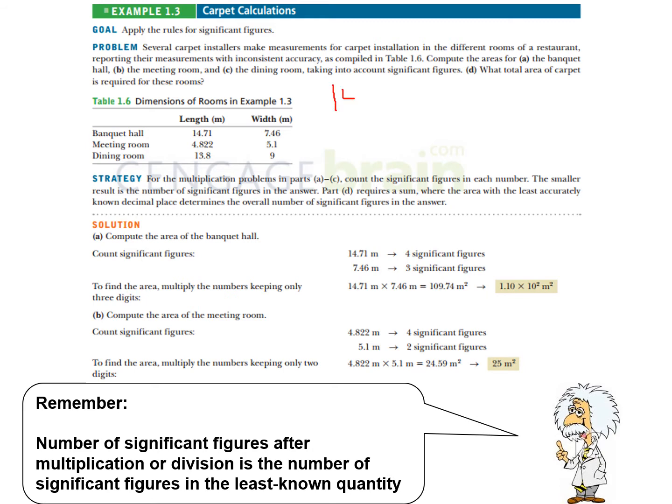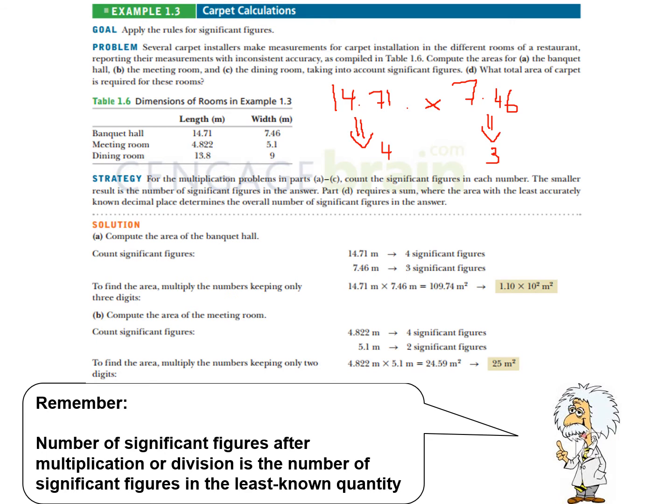For the banquet hall, the length is 14.71, and the width is 7.46. Now as we learn about significant figures, the length should have how many? It should have 4 significant figures, while the width of the banquet hall has only 3. And of course, if you want to get the area of the banquet hall, we must multiply the length and the width.